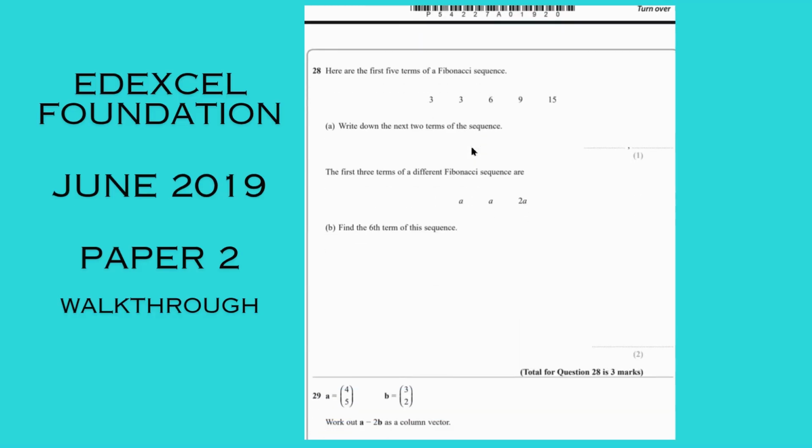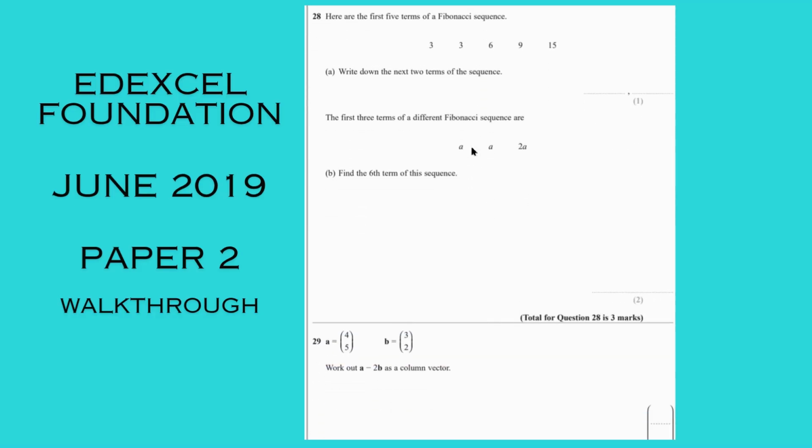And finally, the last page. Looks not very friendly, not as bad as it seems for either of them, so don't give up on these kind of questions. Don't forget what Fibonacci means. It's 3 plus 3 makes 6, 3 plus 6 makes 9, and so on. So 9 plus 15 makes 24, and 15 plus 24 makes 39.